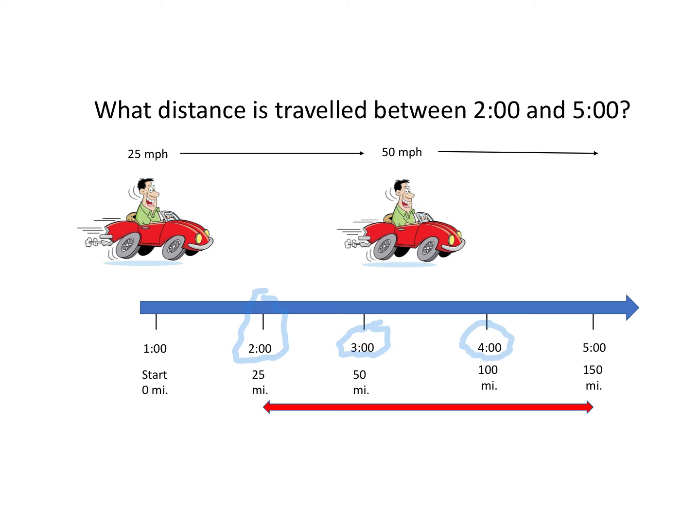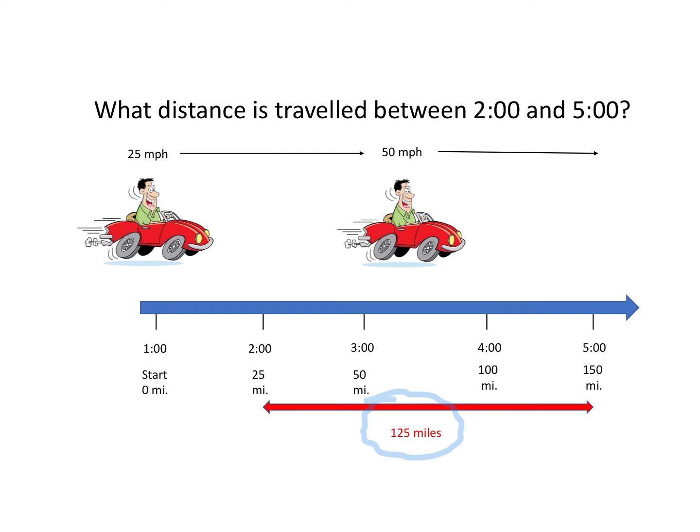And then from 4 to 5, he would travel another 50 miles, so that his total distance in going from 2 o'clock to 5 o'clock would be 125 miles. So this is just using a little chart mechanism here to figure out how far he would travel between 2 o'clock and 5 o'clock.